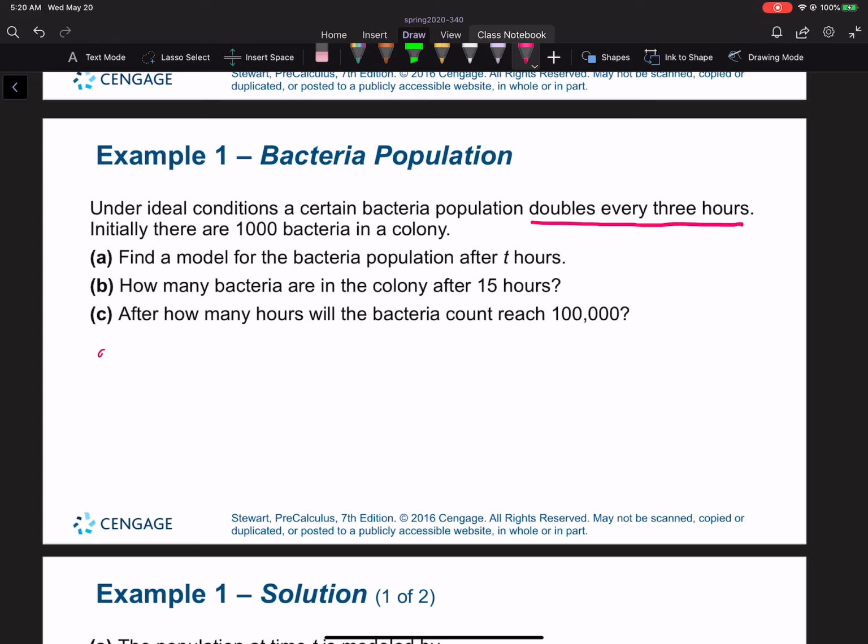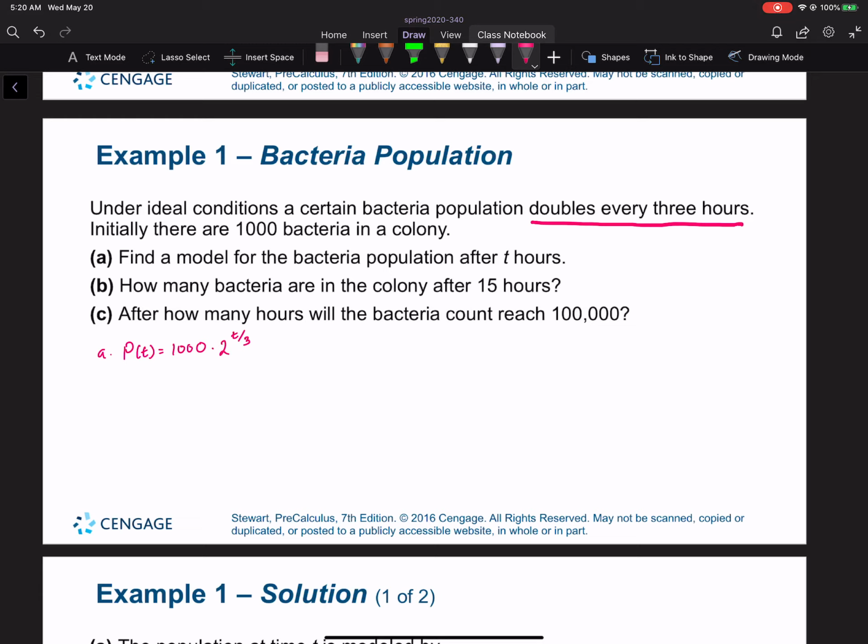So A will look like P of t is equal to my initial, which is 1,000, times 2, and it's every 3 hours, so it will be t raised over 3. All right, so that would be that.